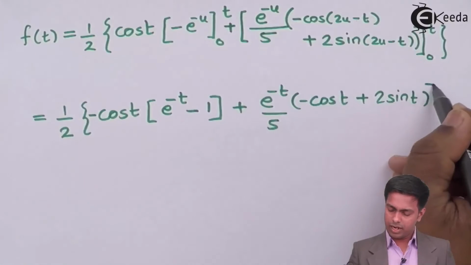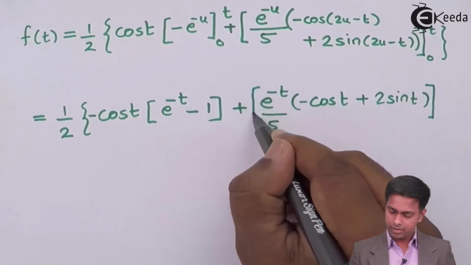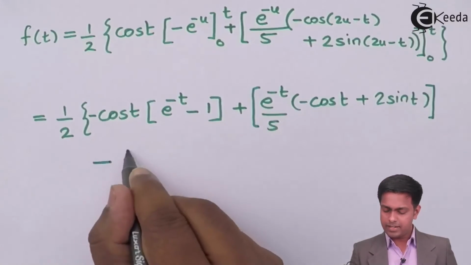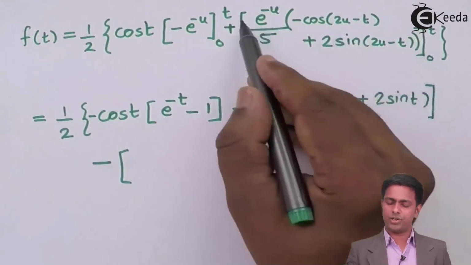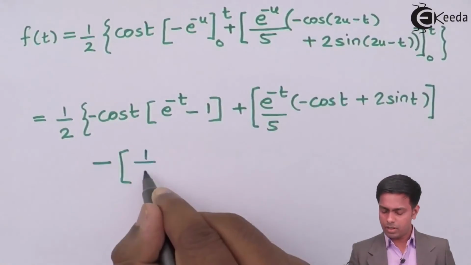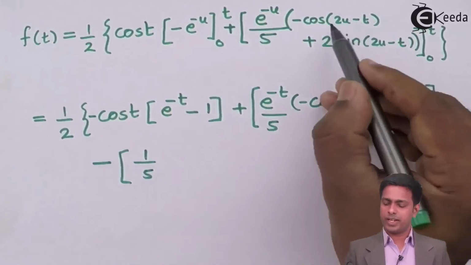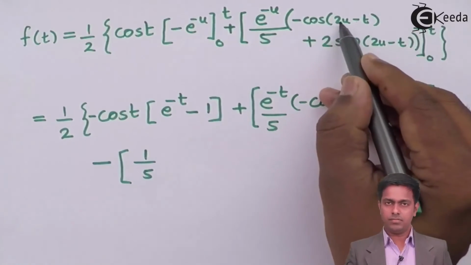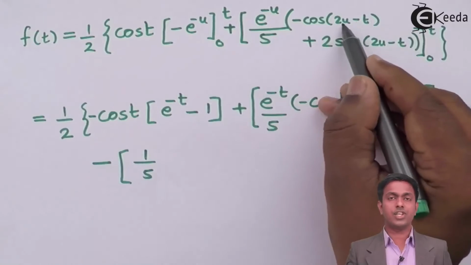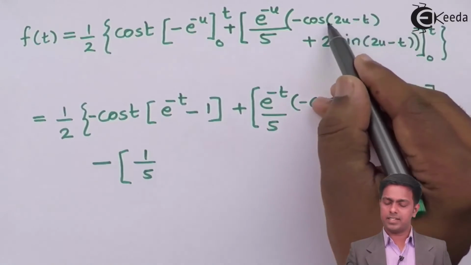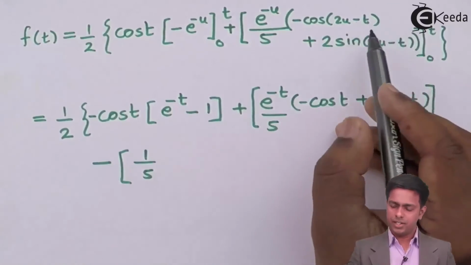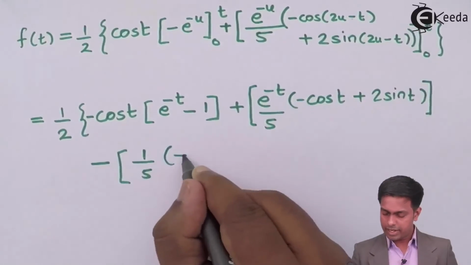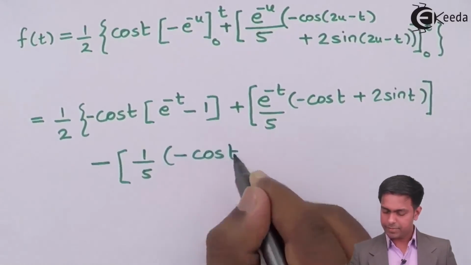Next, I'll put the bracket. Next minus, and then we'll put the lower limit. The lower limit is 0, so e to the power 0 is 1 upon 5. Here we'll get cos of 0 minus t, which is minus t, so cos of minus t is cos t, so that will become negative cos of t.